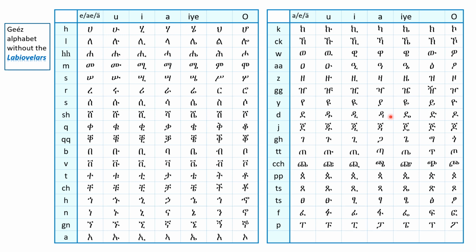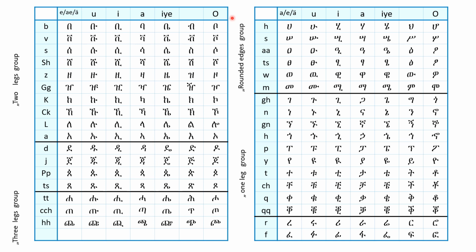Ge'ez alphabet without the labials. The letters are divided into groups as we learned in our lessons: B group, D group, H group, G group, and Re group.